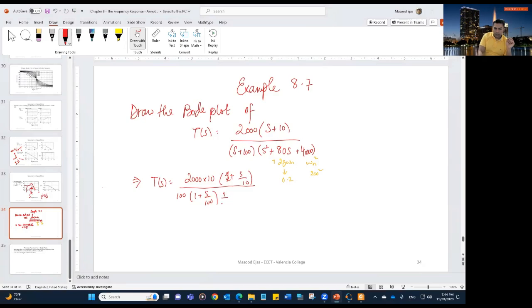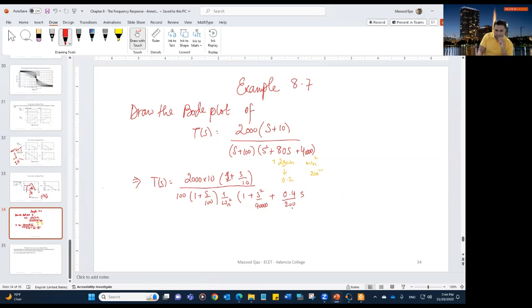So we take 1 over omega n squared and write this down as 1 plus S squared over omega n squared, which is 40,000, plus 2 zeta omega n over omega n squared, so 0.4 over 200 S. No, 0.5 times 200.